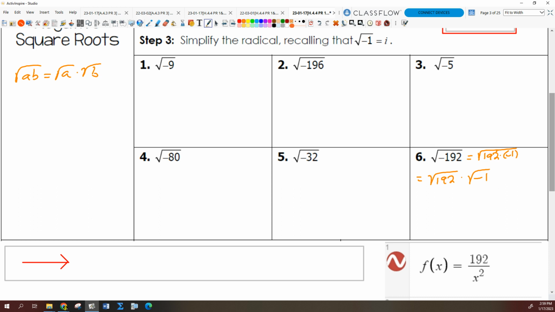Okay? What does that simplify to? You mean 11 squared or 12 squared? Well, 12 squared is 144. Does that divide into 192? No. What does divide into 192? No.